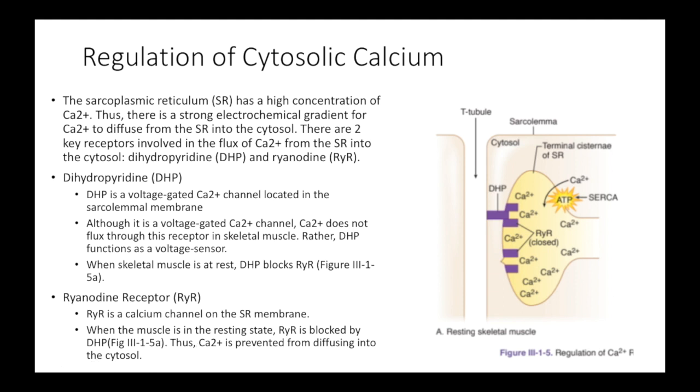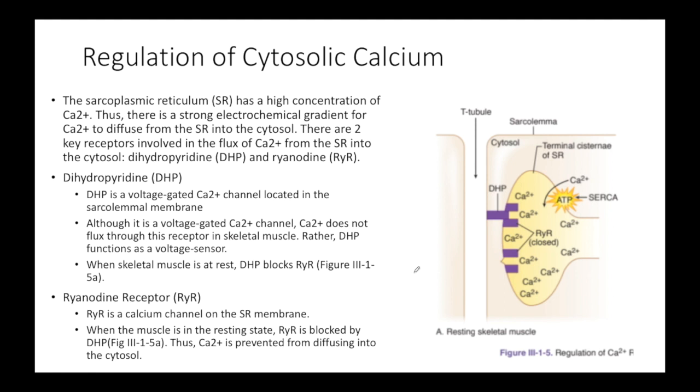Like I've mentioned before, calcium is pretty important for this whole cross-bridge cycling contraction to happen. The sarcoplasmic reticulum that we talked about has a very high concentration of calcium, so there is a very strong gradient for calcium to diffuse into the cytosol.